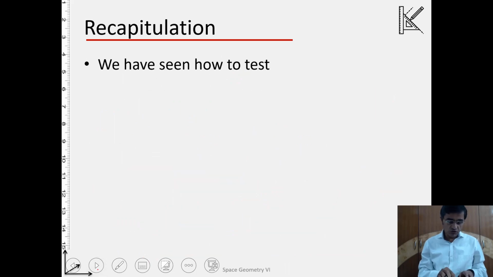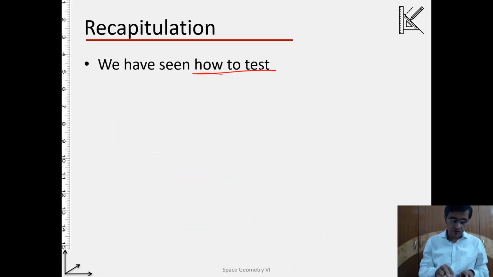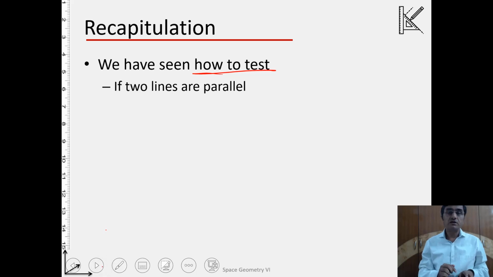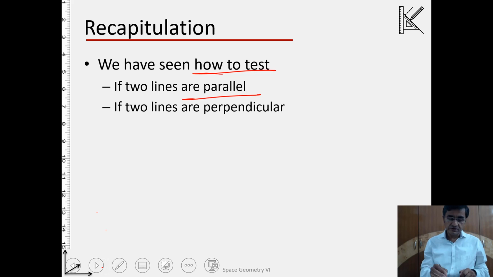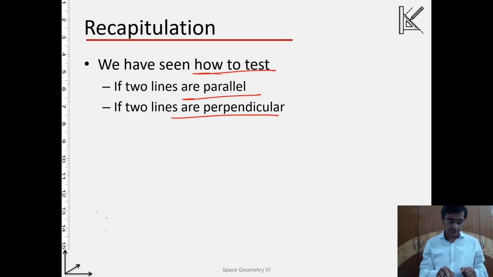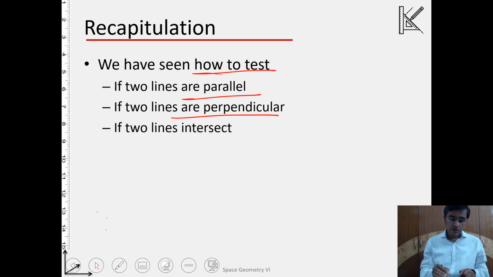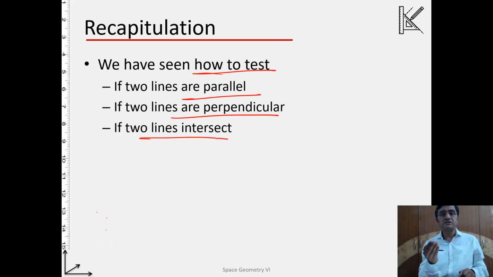By making use of these, we have done a couple of tests. We can test now if two lines are parallel. You can test whether two lines are perpendicular, and we have seen all these tests already. Also, we can see whether two lines are intersecting. For example, whether these two lines intersect or not. If you see it from the horizontal projection, the projections will appear to be intersecting.